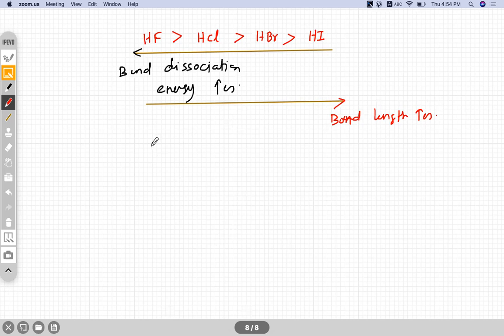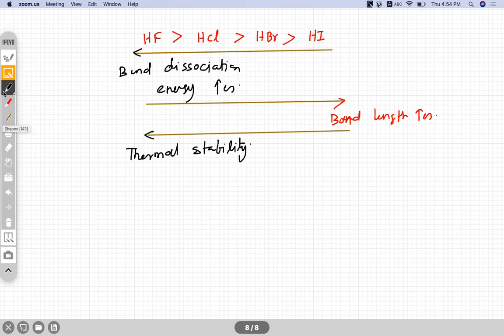If you talk about the thermal stability, this is the four order important. Must keep that in mind.